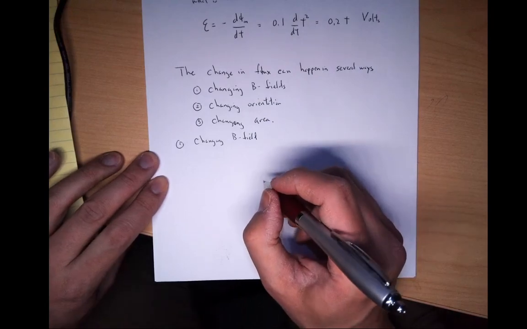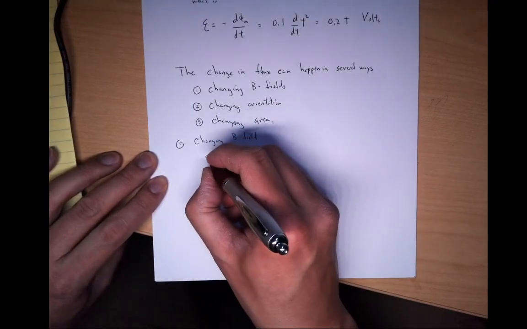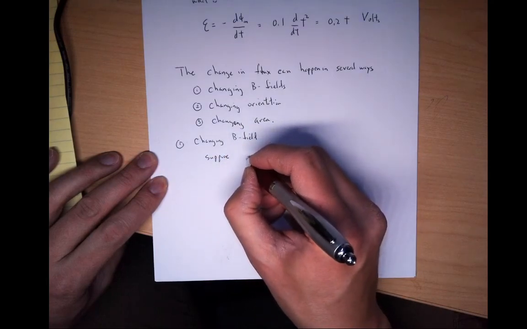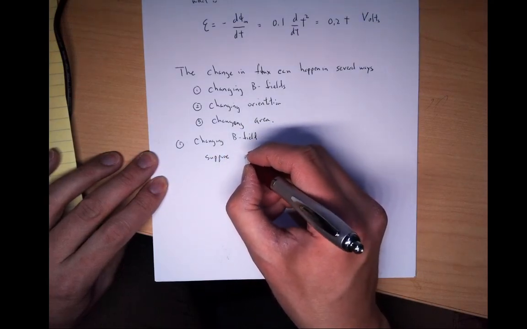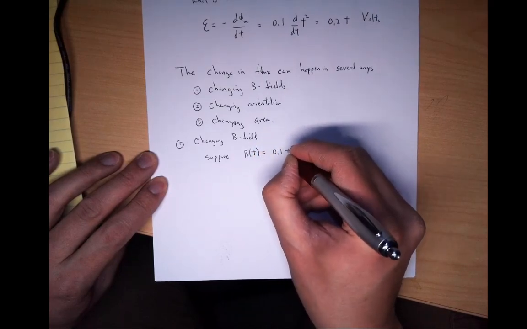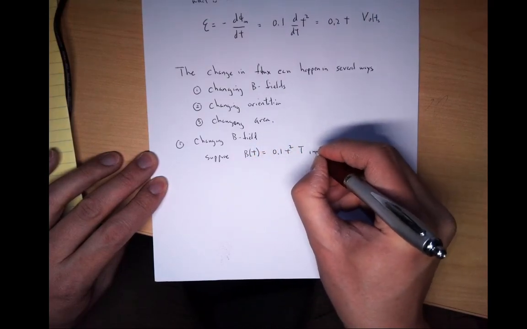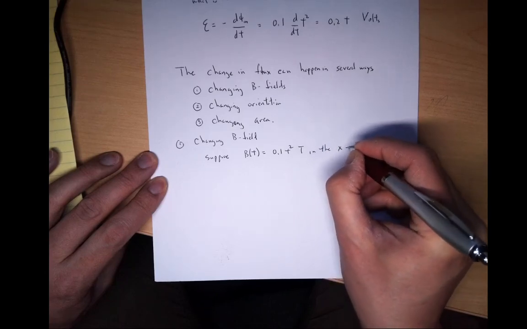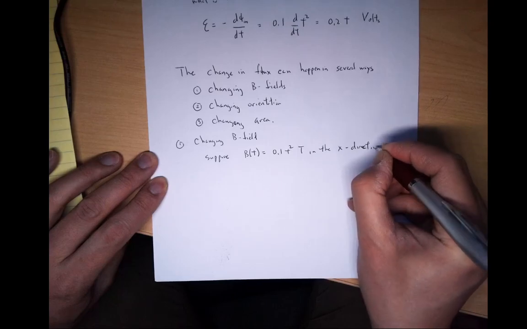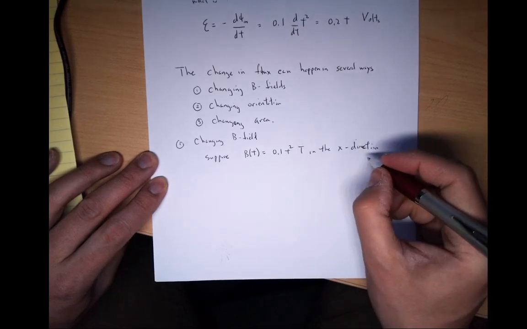Okay. Now suppose B as a function of t is equal to 0.1 t squared Tesla in the x direction. Okay, that's terrible.